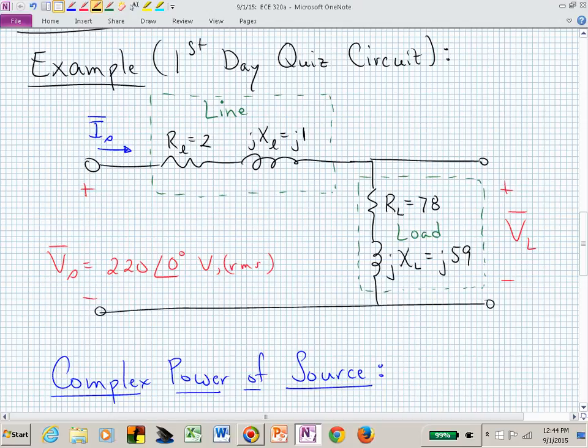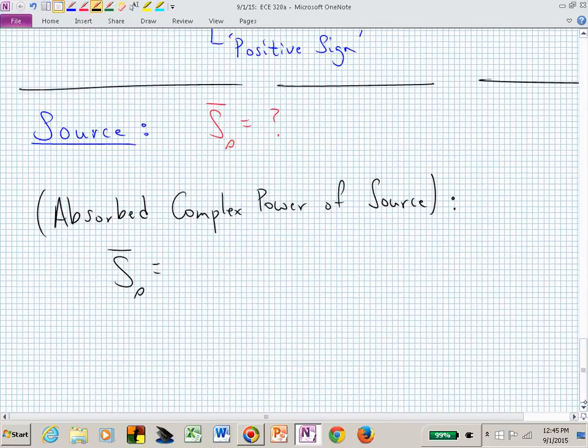If you drew a circle as your voltage source, the current is coming out of the positive terminal, it's not going in. Is that making sense? In this particular case, we would have minus V sub S phasor, I sub S phasor complex conjugate. So it's a negative of VI star for the way that we have labeled V sub S and I sub S in that diagram.